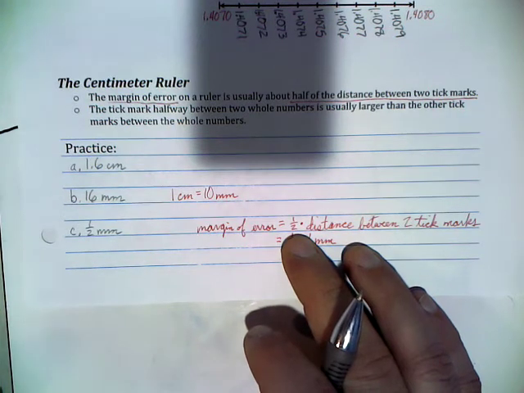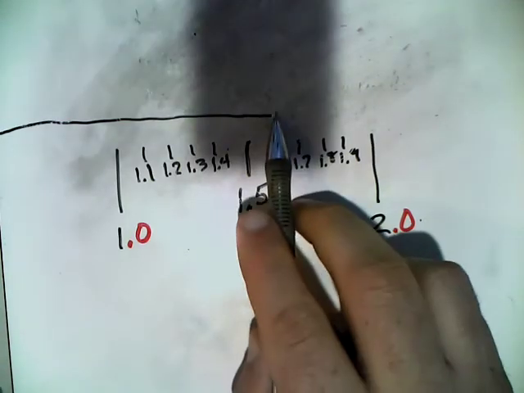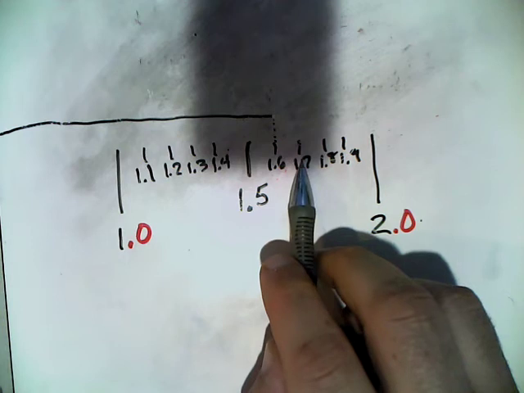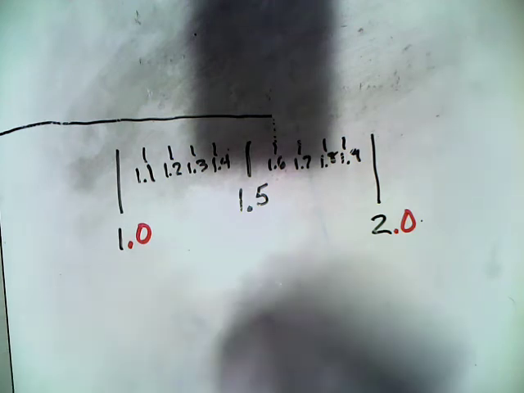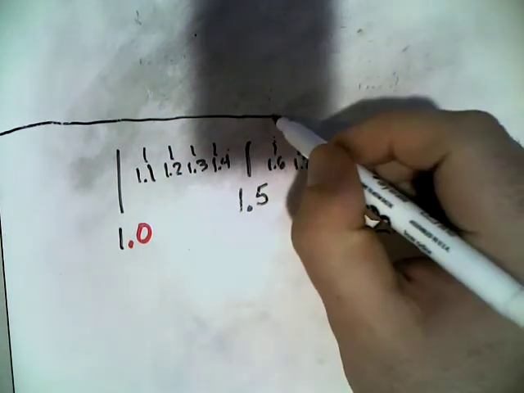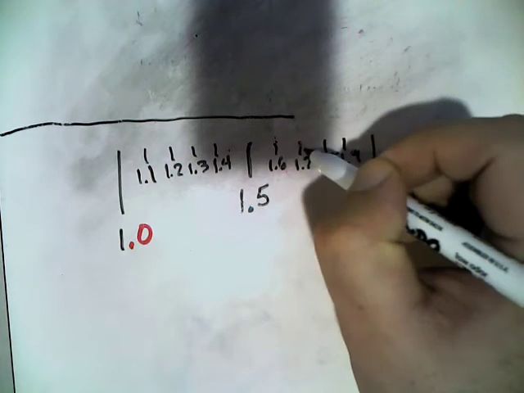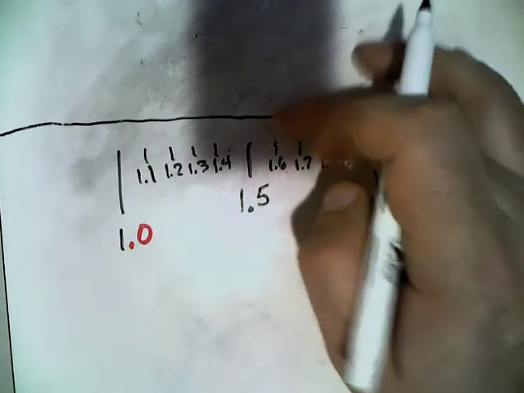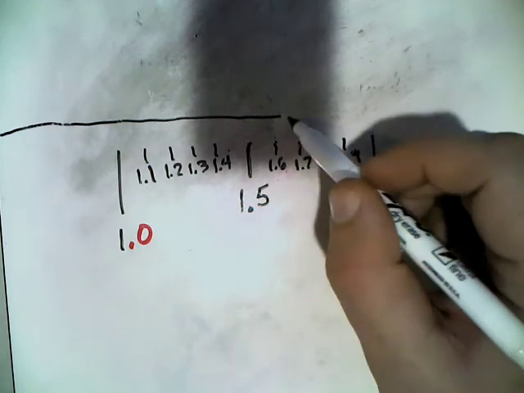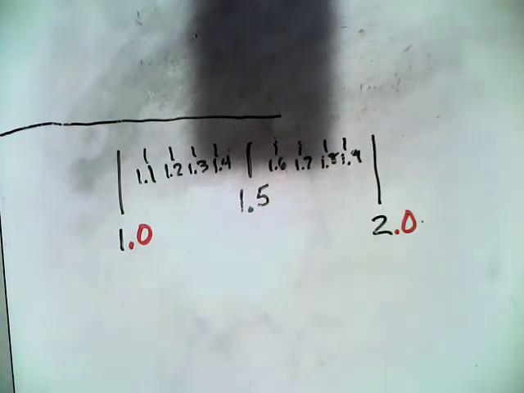You could be up to that, but you're not likely to be beyond half a millimeter wrong, because if it's more than halfway to the next one, then you're going to call it the next one. So if your line were to go more than halfway, it's going to look more like the 1.7 than the 1.6. If it goes a little beyond the 1.6, it's not halfway. We're likely to call it the 1.6, and so that's where that 1/2 comes from.